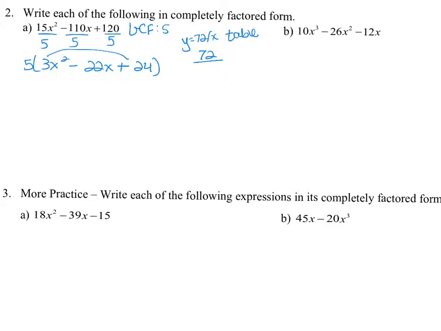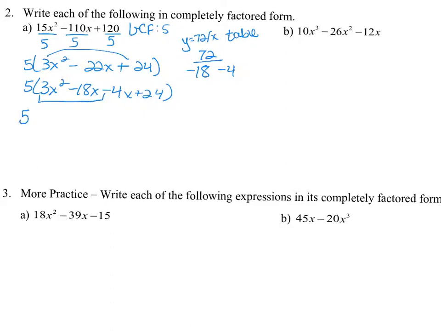I'll give you a hint. They're both negative. They've got to be, don't they? I got negative 18 and negative 4. So I'm going to replace my middle terms there. Factor by grouping. Are you guys tired of this yet?